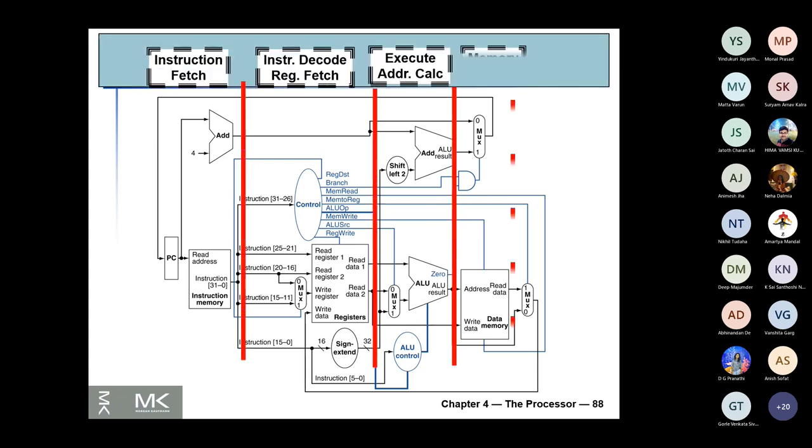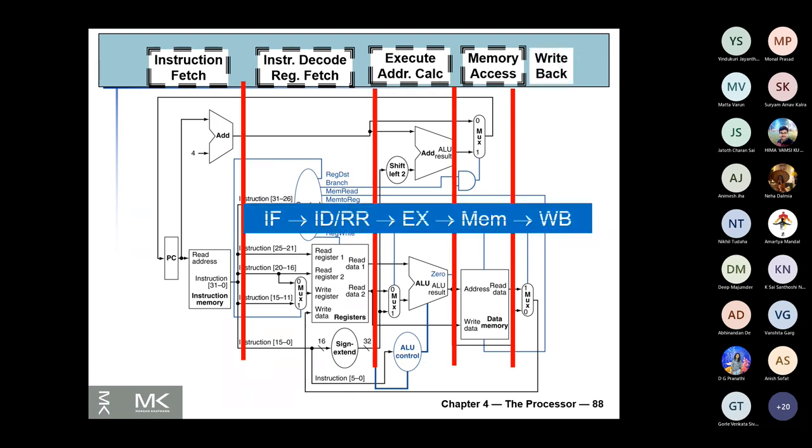So as you see, there are these 5 stages, and the branch is being updated here. See, branch is computed here, whether the difference of these two registers is 0. If the difference is 0, then the zero line would be set to logic 1.